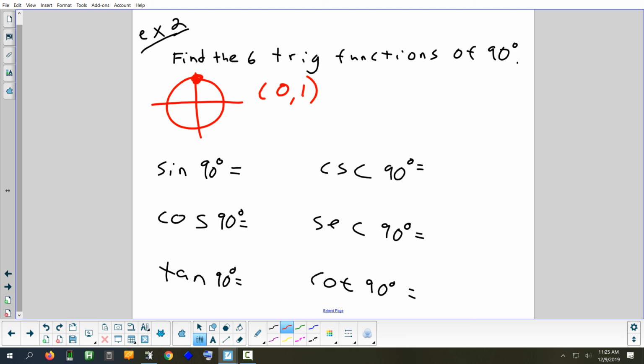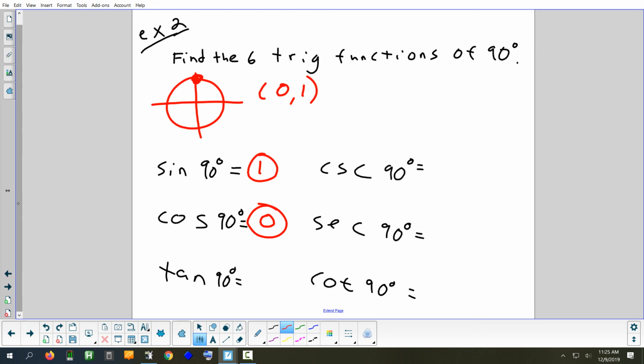Now this problem is just like the last problem. Sine is y, except the numbers are a lot nicer. Cosine is x. What about the tangent? Yeah. 1 over 0.